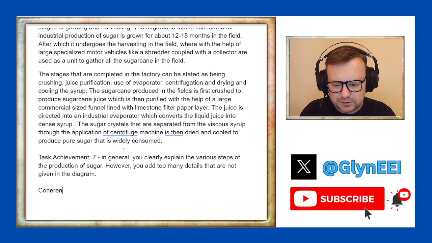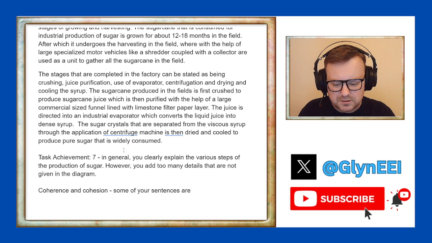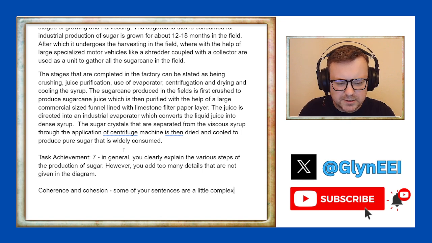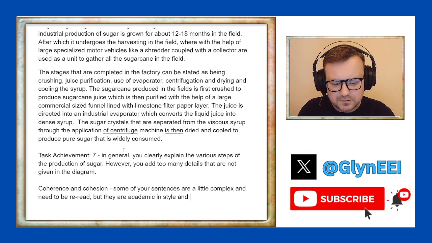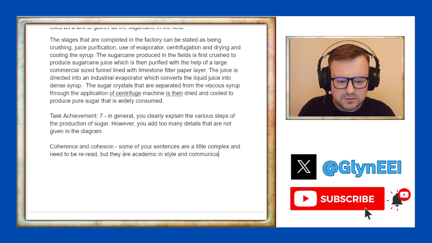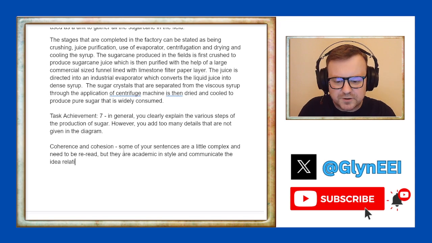Okay, but coherence and cohesion. So some of your sentences are a little complex and need to be reread, but they are academic in style and communicate the idea relatively clearly.